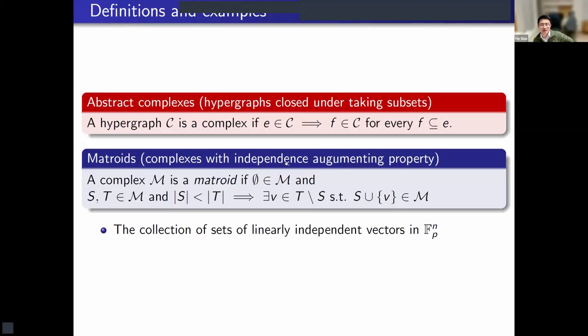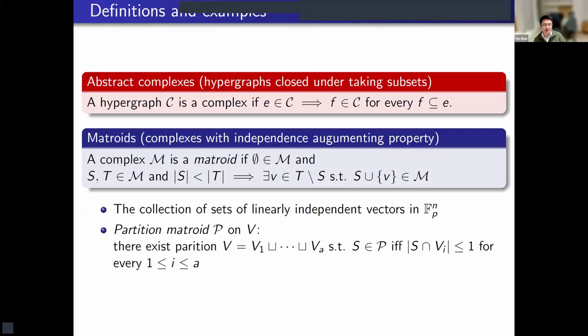That is why this property is called the independence augmenting property, because from a smaller linearly independent set, you can add one more element from a larger one to get a larger independent set. So here is an example from linear algebra.